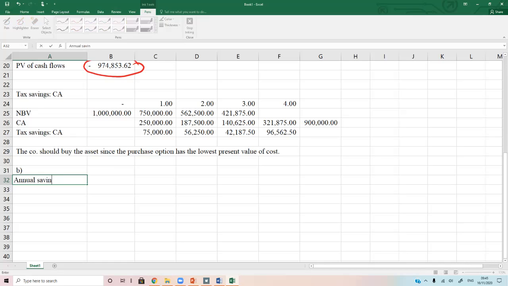This saving doesn't matter whether you're going to buy or lease the asset. That's why I call them investment cash flows. Whether you purchase or lease the asset, you save the same thing. It doesn't matter. Don't forget, you'll be saving 5.8 per unit per year.